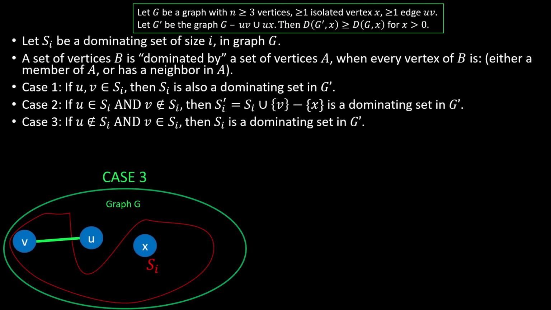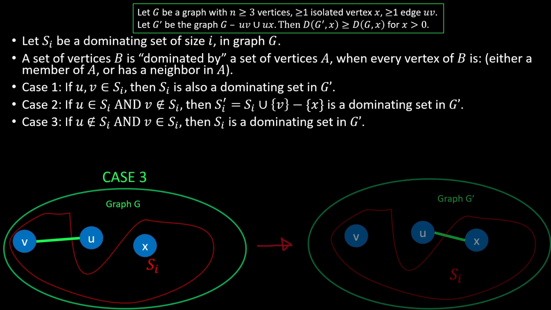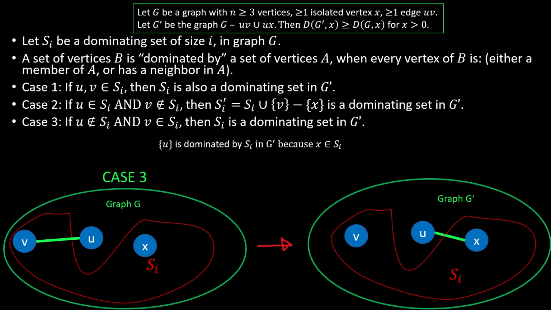Case 3 is, if u is not in S_i, but v is, then S_i is a dominating set in G prime. This is because isolated vertex x must already be included in S_i, and since our operation draws an edge between u and x, then u is dominated by S_i in G prime, and v and x are certainly dominated by S_i because they're members of S_i.